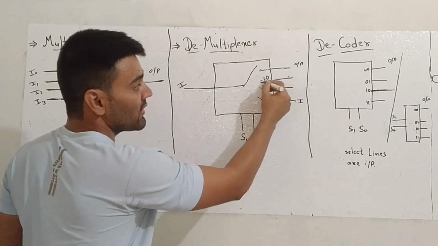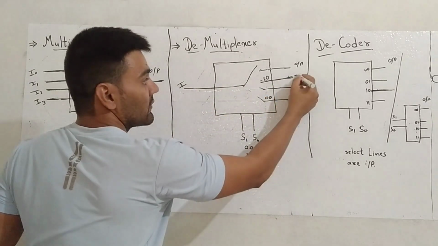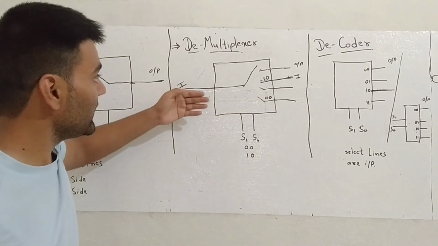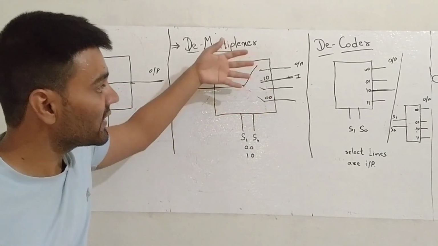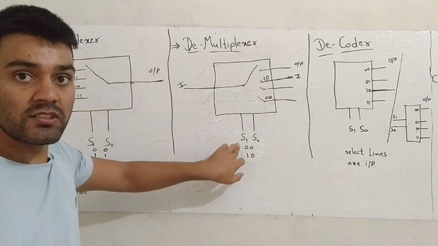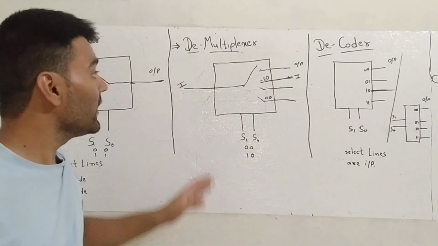Suppose this is the 1 0 line, the input I will be here. So this is a demultiplexer which selects one of the pins among multiple output pins for the input I according to these select lines.